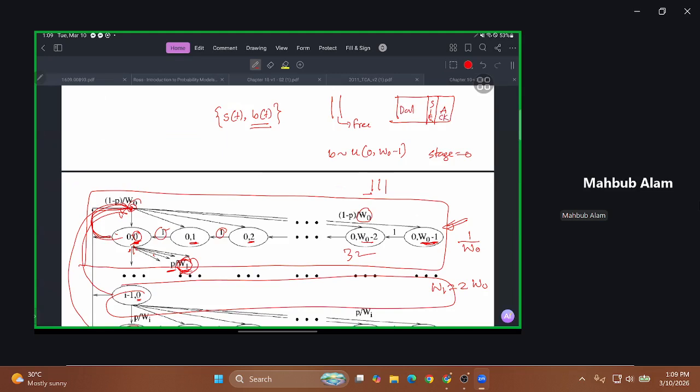Then after DIFS, the station decreases the value of the backup counter by 1. So here the slot time is this one. This is also a slot time. And the backup value is decreased by 1. So in this way, the backup value is decreased.